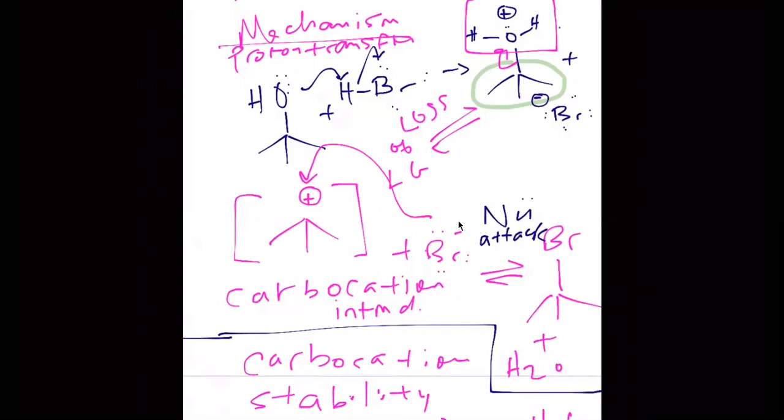I'm not going to give you a blank sheet of paper and say propose a mechanism. Not at this point, because this is our first time seeing it. But if I give you all the structures and ask you to put in the arrows to go from point A to point B, I think that's doable. Between today and Friday, I think we're going to have a good grasp of that.